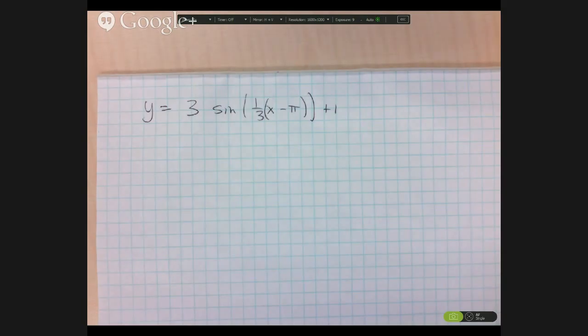The midline is y equals 1, so it's 1 up. How far over to the right did you translate it? Pi, so it's (pi, 1).